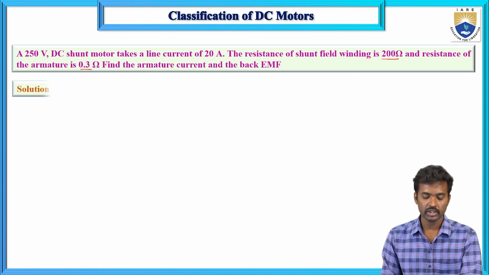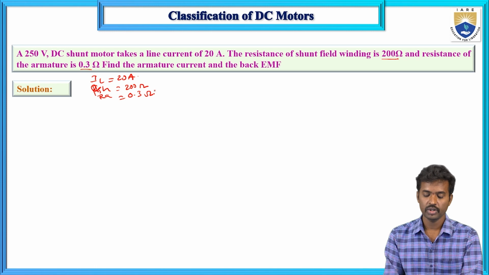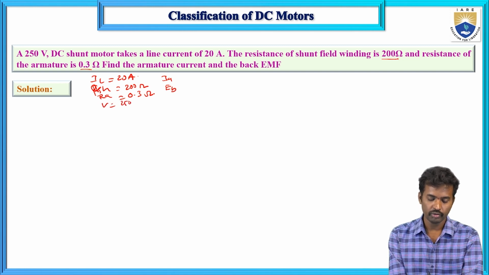First, the data: I_L equals 20 amps, R_SH equals 200 ohms, R_A equals 0.3 ohms, V equals 250 volts. Calculate I_A and back EMF E_B.